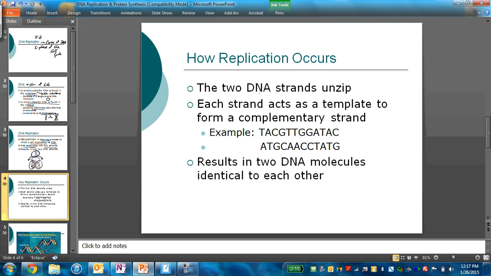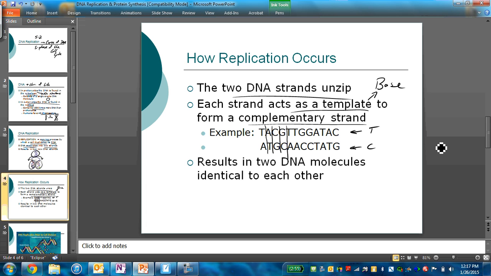So just to summarize, the two strands unzip, and when they unzip, each strand acts as a template, or I would say a base, for the other strand to form off of, to form a complementary strand. So if here's my template, my complementary strand would match up: A with T, T with A, C with G, G with C, going all the way through.